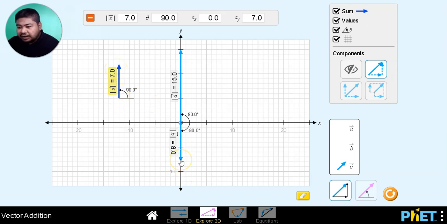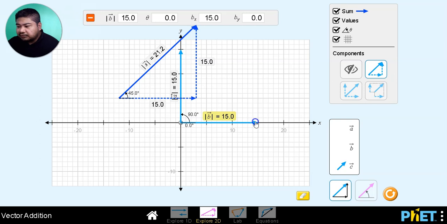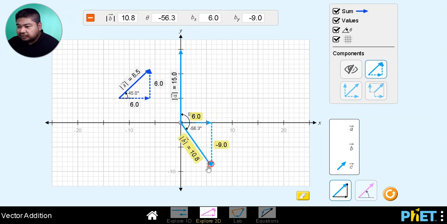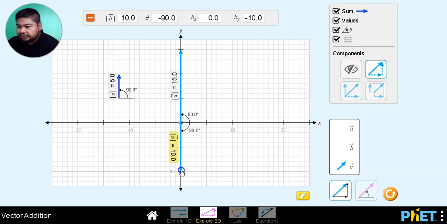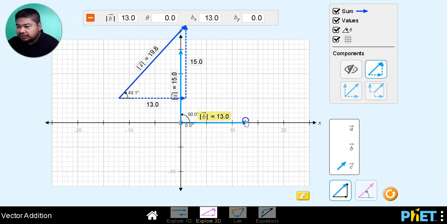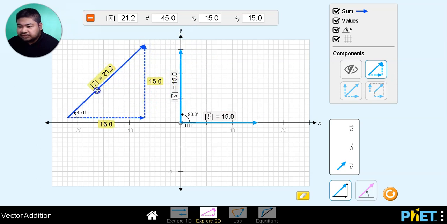If I move vector B to point to the positive x-axis, can you see the transition there? As you can see, the resultant vector has changed.